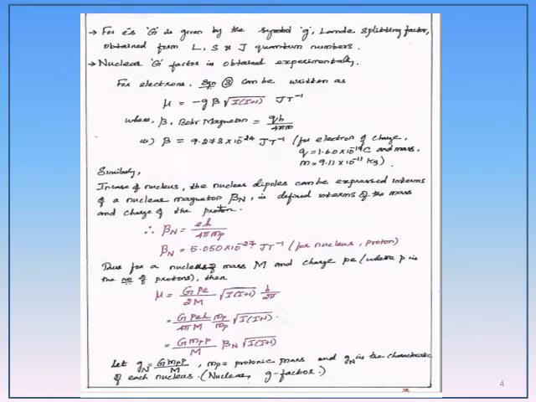Thus, for a nucleus of mass M and the charge Pe, where P represents the number of the protons, the magnetic moment mu will be equivalent to G Pe divided by 2M, square root of I into I plus 1, h by 2 pi.